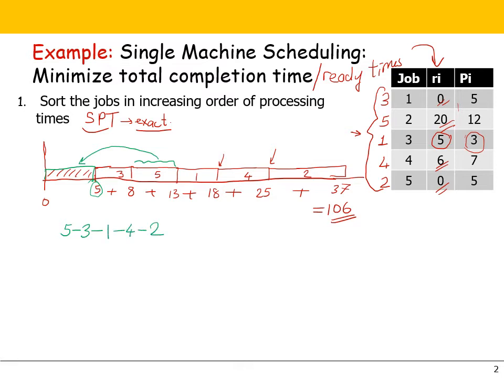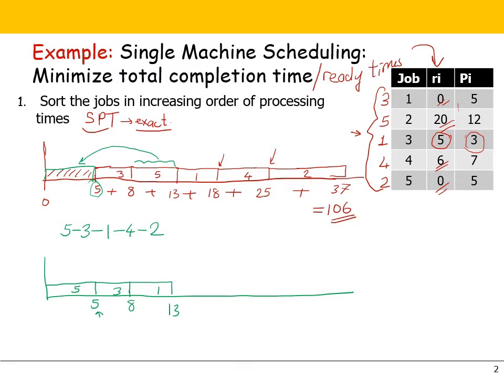Okay, so again, let's sketch the timeline. And we will immediately start with job 5 until time 5. Then we will proceed to job 3 because it arrives at time 5, and it will be finished at time 8. And then we will continue with job 1, which has already arrived, and it will be finished at time 13.